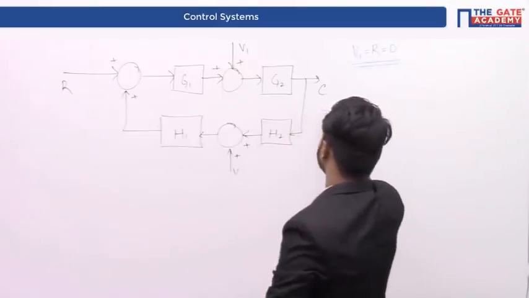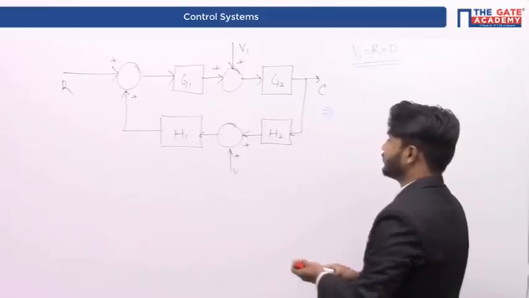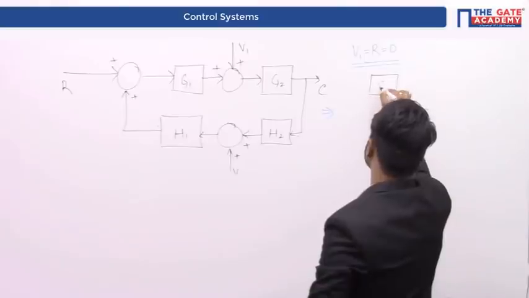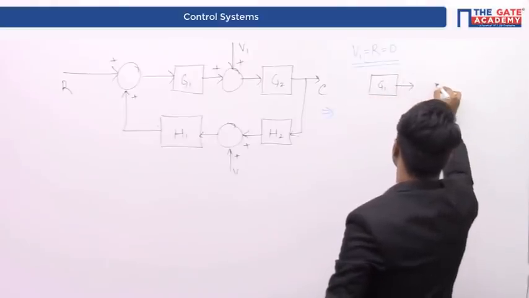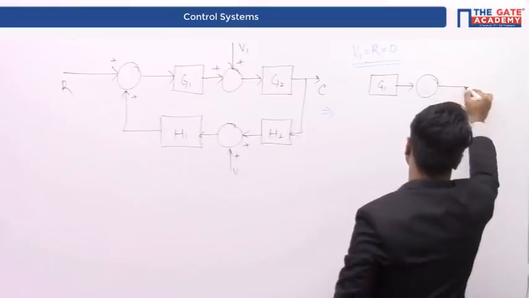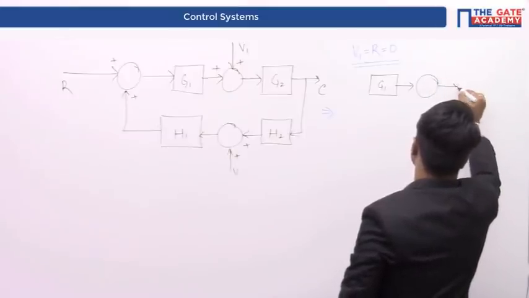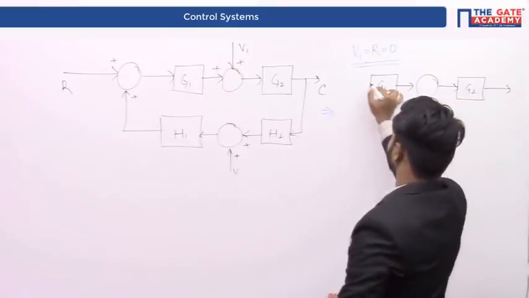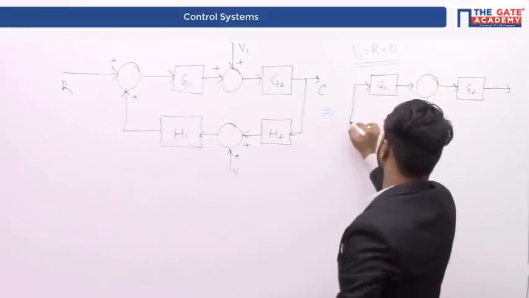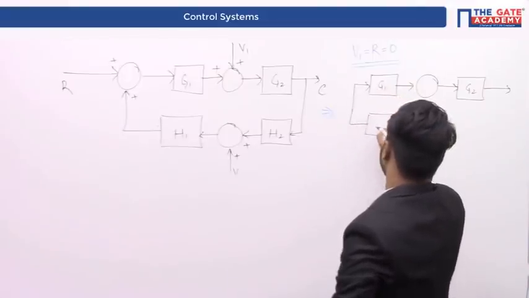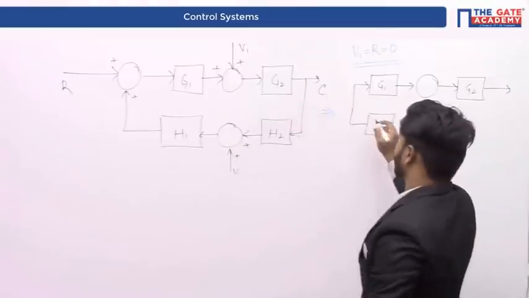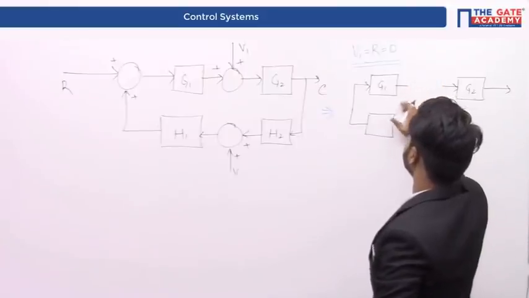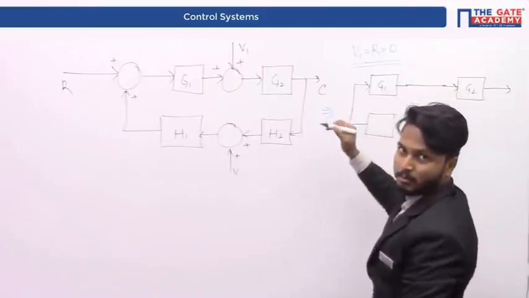Therefore, this will turn something like this. I've just removed V2 as well as R. That is the reason why I've removed this summing point. Yeah, you can say you can be removing this particular summing point also. There is no problem at all.